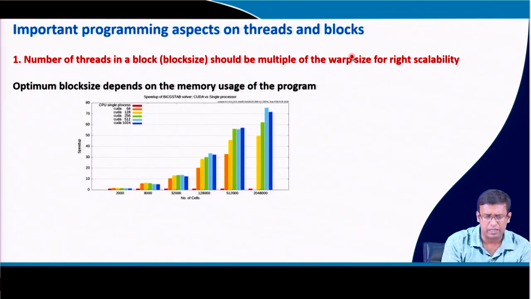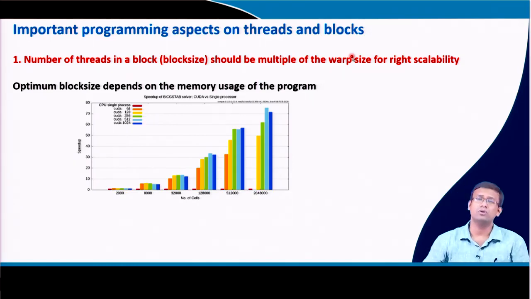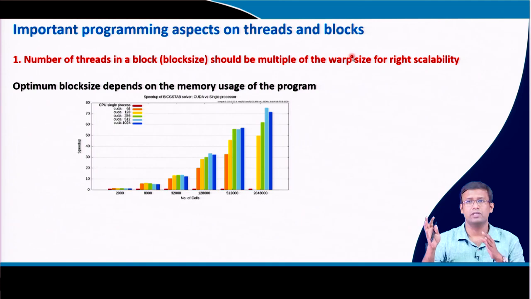The question comes here: what is the optimum block size? This also depends on how much memory utility there is, because there is memory fetching. In the ideal case, say there is no context switching inside a streaming multiprocessor, then one warp as the block size is good enough; one warp is active, done.